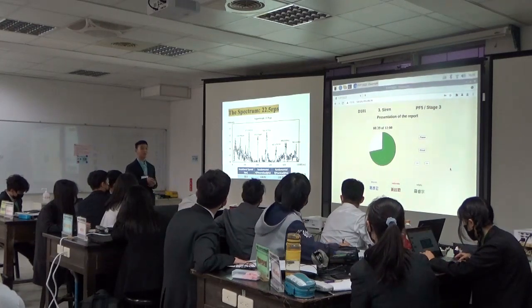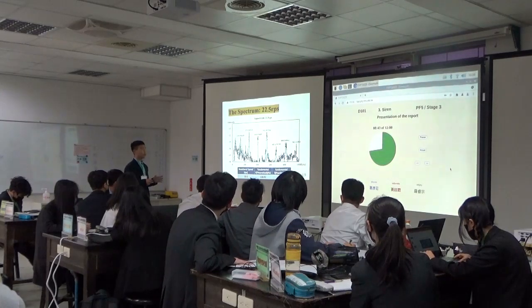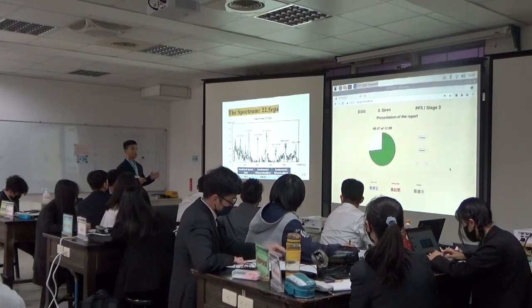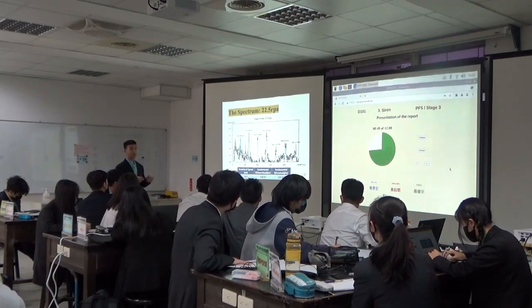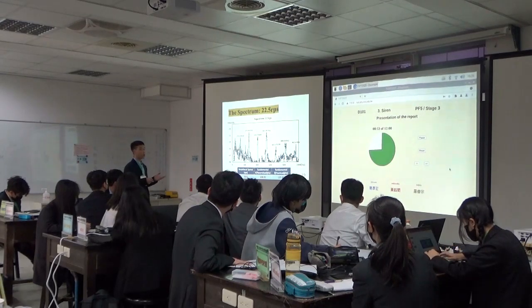At 22.5 rounds per second, that's the spectrum we can get. We didn't show it here, but we calculated the rotational speed by analyzing the video we took.